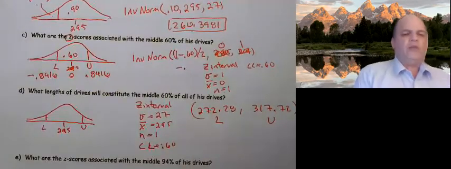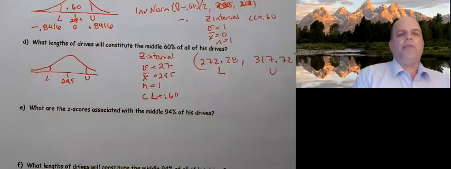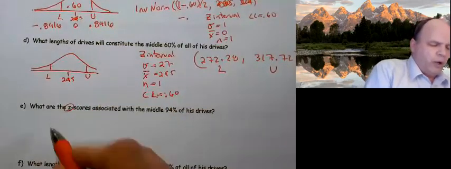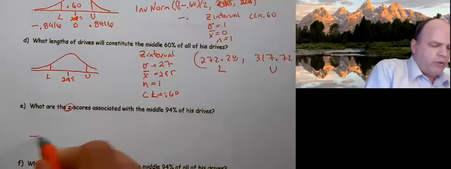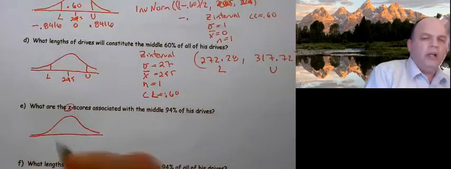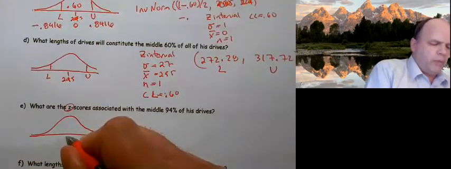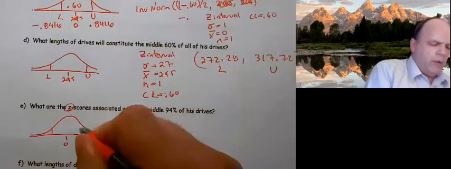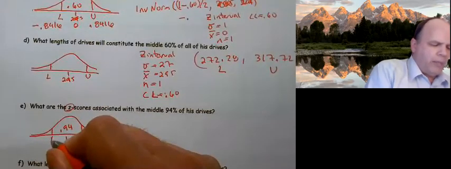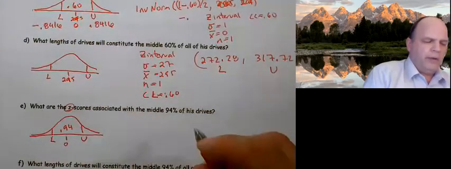So the next thing says, what are the z-scores associated with the middle 94%? So we're looking for a z-score. And anytime we're looking for a z-score, we know that our mean is 0. So we're going to be centered on 0. And we have a lower bound and an upper bound.